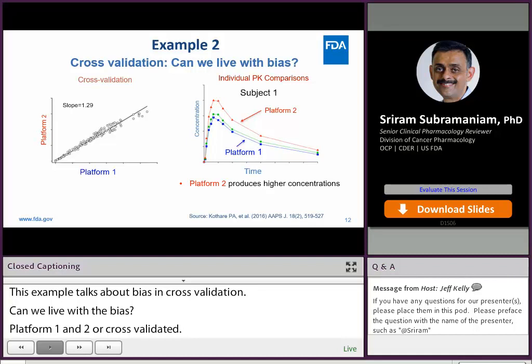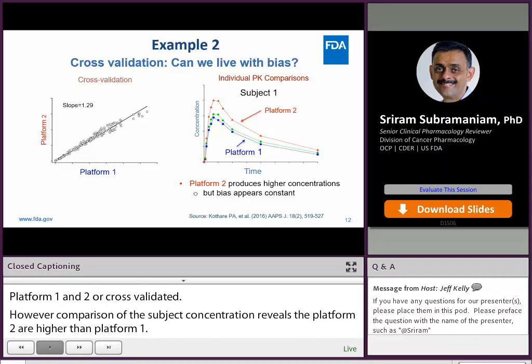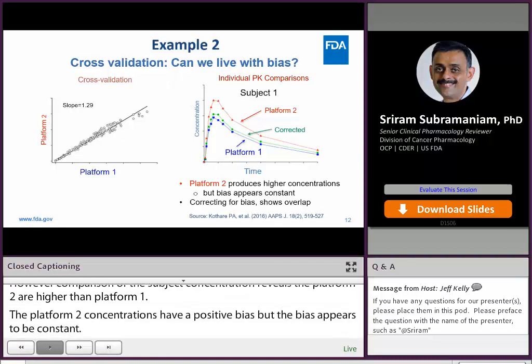Also, we see that the platform 2 concentrations have a positive bias, but the bias appears to be constant. Correcting for the bias using mathematical transformations, one finds that the corrected platform 2 concentrations overlap with platform number 1 concentrations. Therefore, we can live with bias as long as it can be shown that the bias is constant.